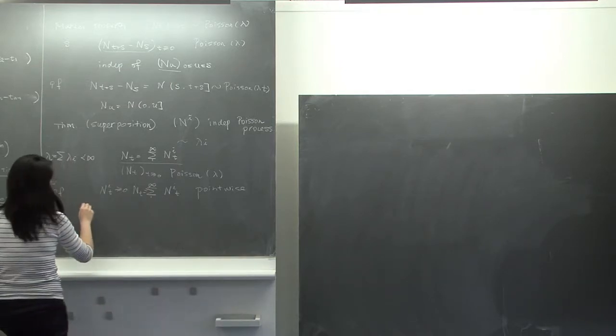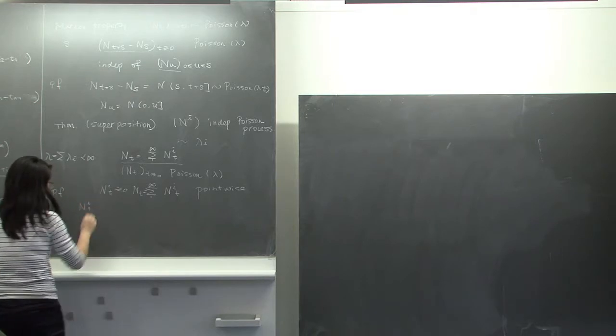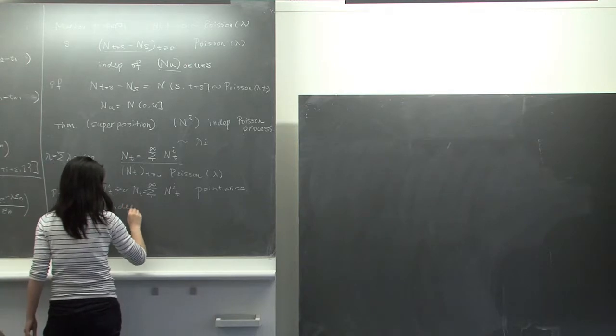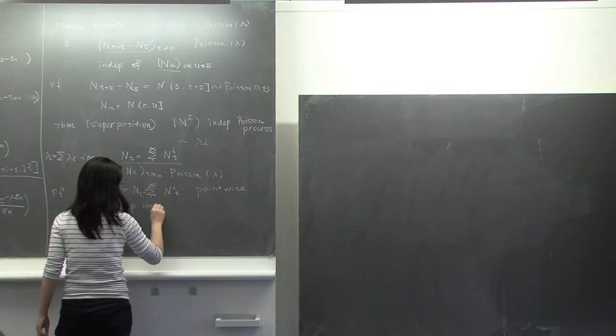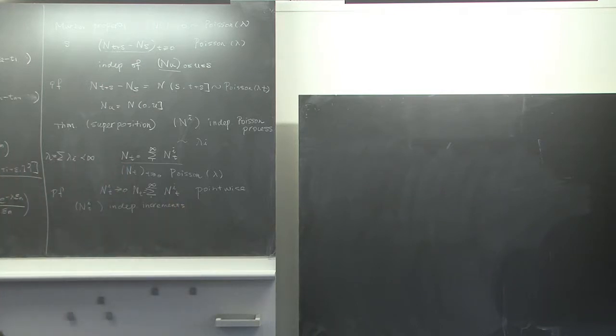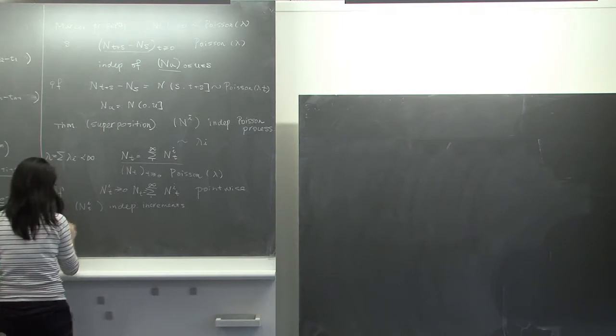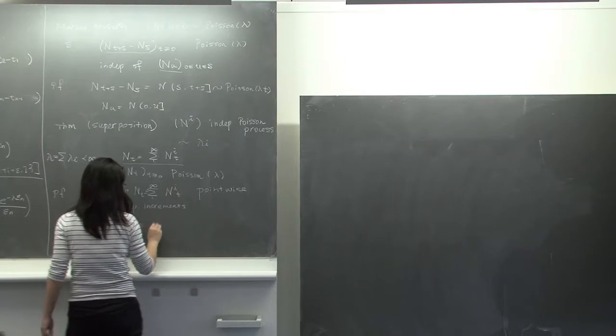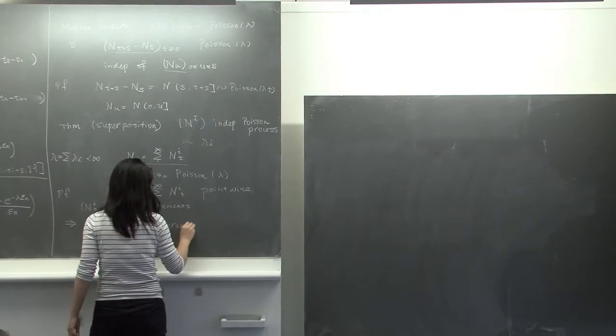Because we know that each N_i(t) has independent increments, and for different i they are independent, it is immediate that this N_t also has independent increments.